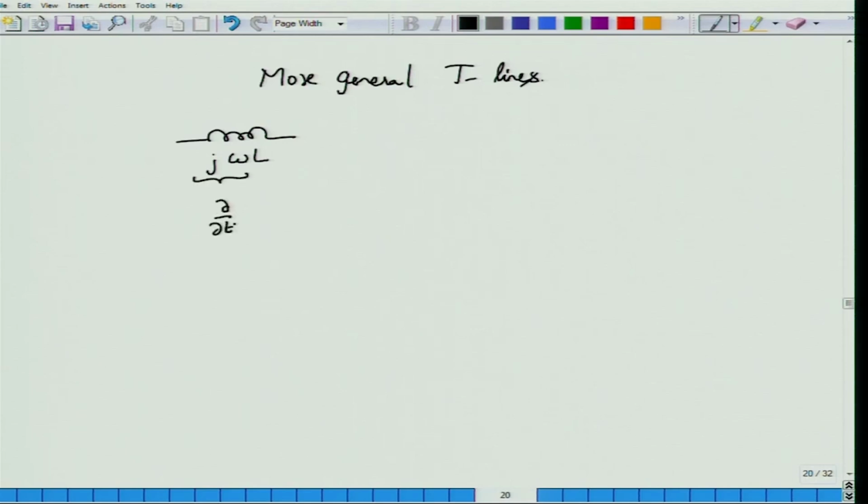It makes sense, because the voltage across an inductor will be L di by dt, and this del by del t term can be replaced by j omega, and therefore j omega L will be the complex impedance of an inductor. Similarly, for the capacitor, this would be equal to 1 by j omega C, the equivalent reactance of a capacitor.